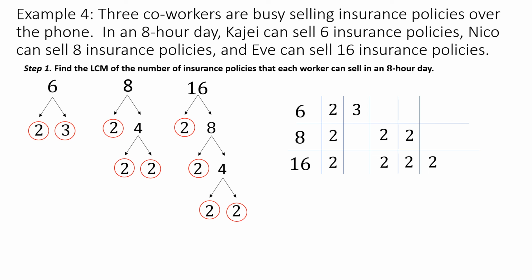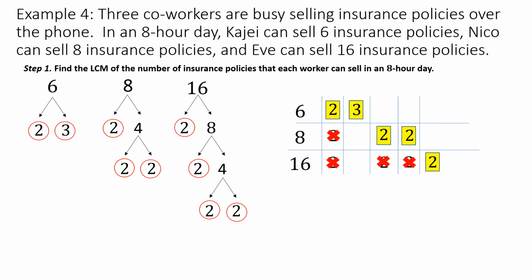So after all the prime numbers are listed in my rows and columns, I'm going to cross out the repeats. The repeats are all the numbers below another prime number in a column. So here I'm going to cross out the 2s below my first column 2, and then I'm also going to be crossing out my 2s here that are below the prime numbers that were above it in the row for the 8.